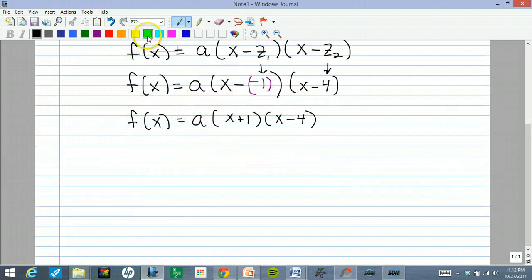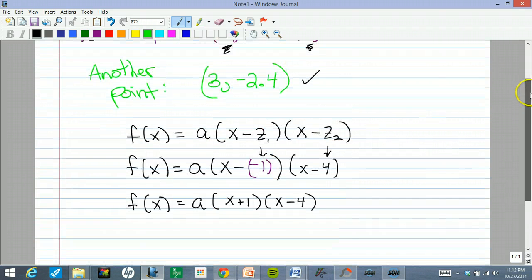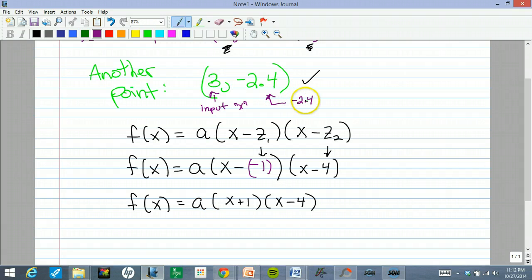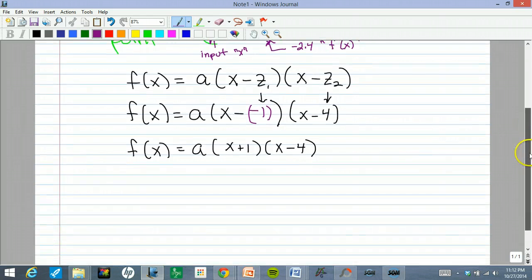Similar to the last example, we need our other point. We know that when we input 3, which is our x, then we output negative 2.4, which we call f of x. Right, just notation. So input 3, output negative 2.4. Let's do it.